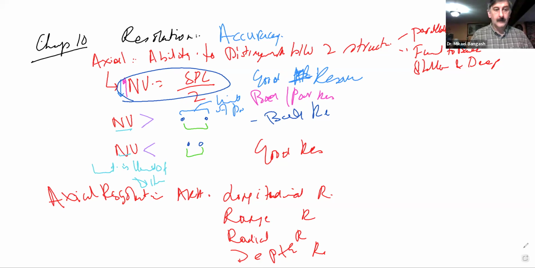Okay, guys. Now our next resolution. This was just a brief review of your axial resolution. Now the next resolution is going to be lateral resolution. Here, resolution still means the same.